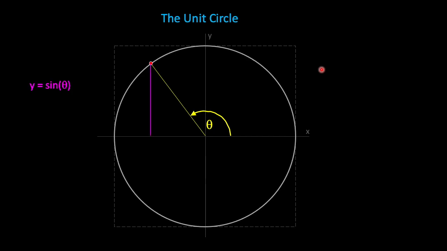And from our basic trigonometry definitions, since we're working in a unit circle where all the hypotenuses are equal to 1, then our sine theta is going to equate to the y-coordinate of the point, and the cosine of theta is going to equate to the x-coordinate.